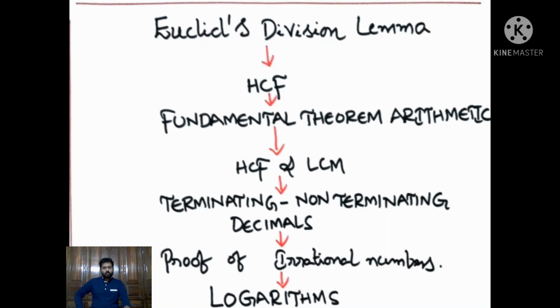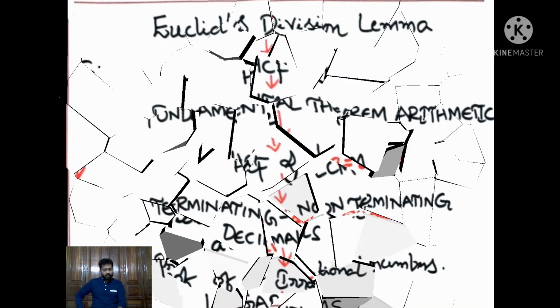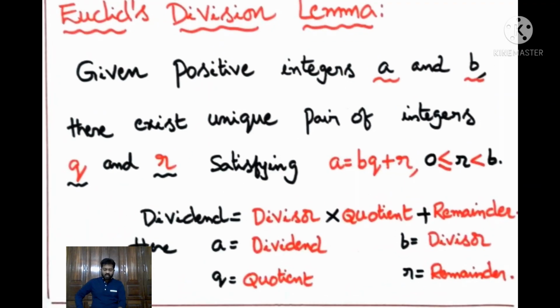Now, I will explain the important points of real numbers. First one is Euclid's division lemma and highest common factor, fundamental theorem of arithmetic, HCF and LCM, terminating or non-terminating decimals, proofs of irrational numbers, and logarithms.